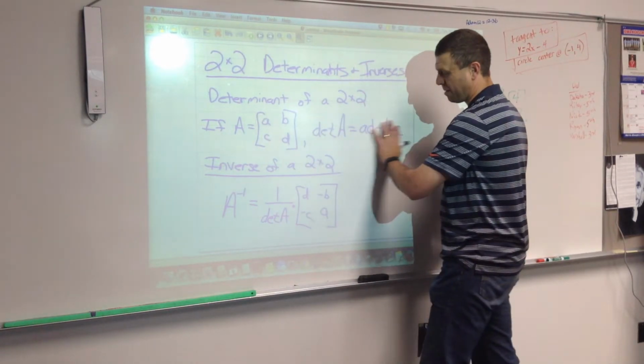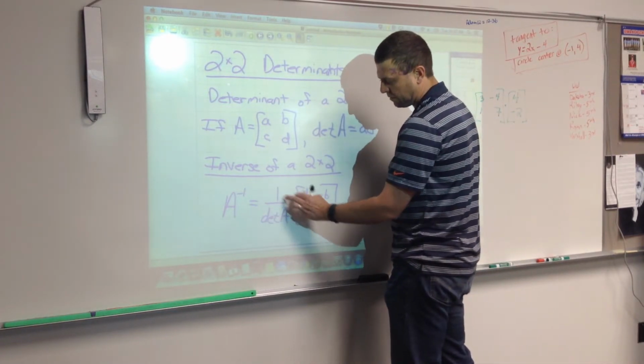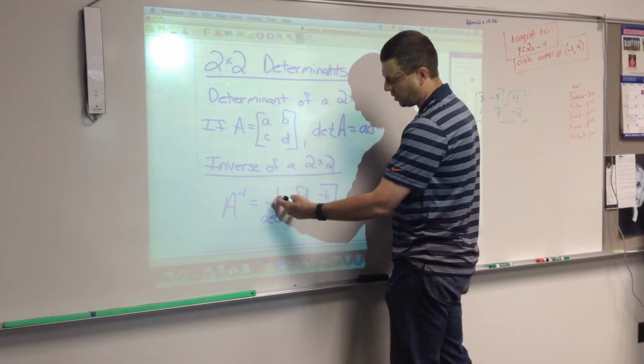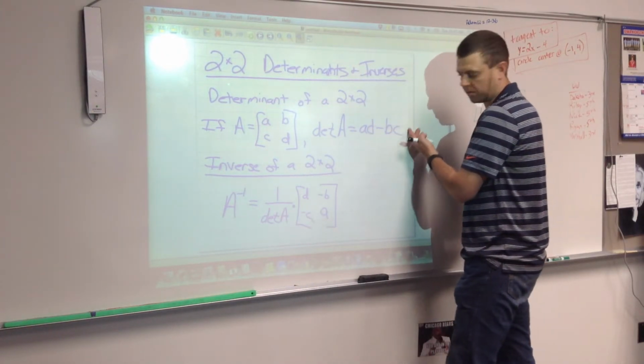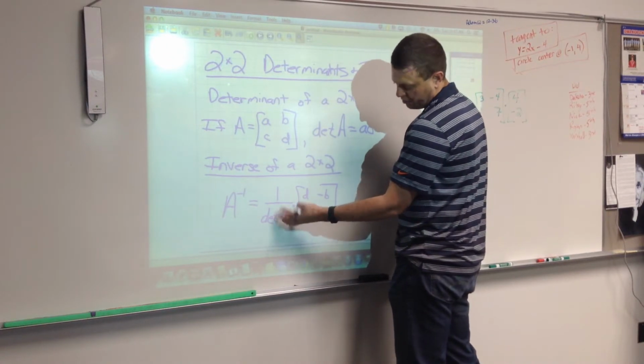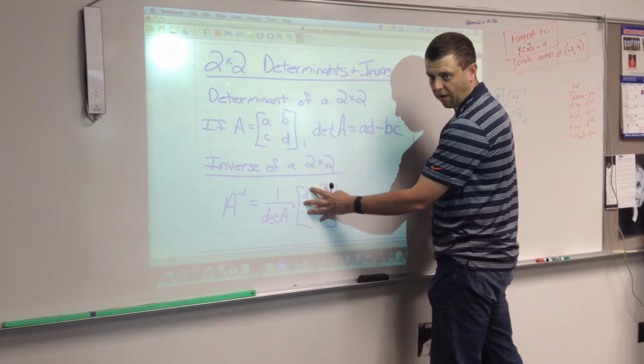This is just so you'll memorize how to do the determinant. Then to find the inverse, you do 1 over the determinant, so that's going to be like 1 over 7 or 1 over -3. You're going to get a nice number here, right? And then you do scalar multiplication of that into this matrix.